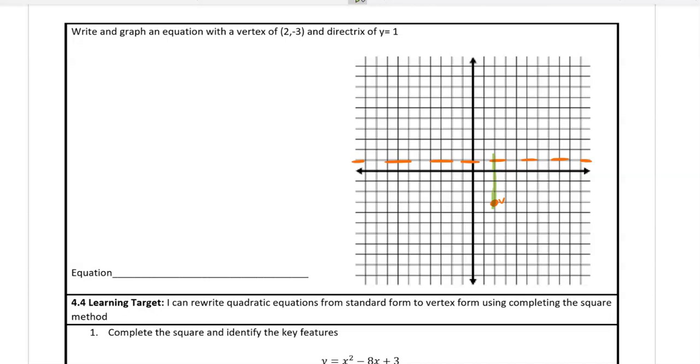There's 1, 2, 3, 4 spaces, and it's going down. So the p-value is -4, 1, 2, 3, 4. And our focus is going to go further. So our focus is at 2, -7.